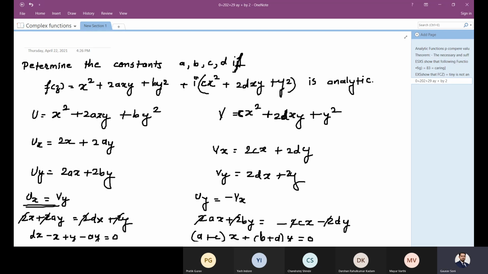So from this, you can solve the two equations, and I think there must be infinitely many solutions to this. Out of that infinitely many, you can put a equal to 1, will get minus 1 equal to minus 1.